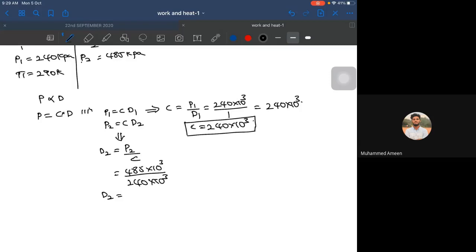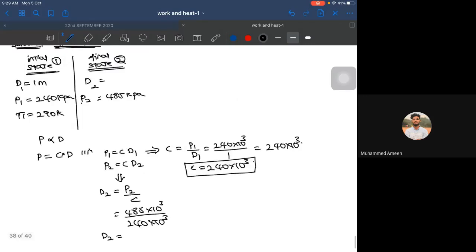Give me the value of D2, guys. 2.02. Okay, so 2.02 meters.